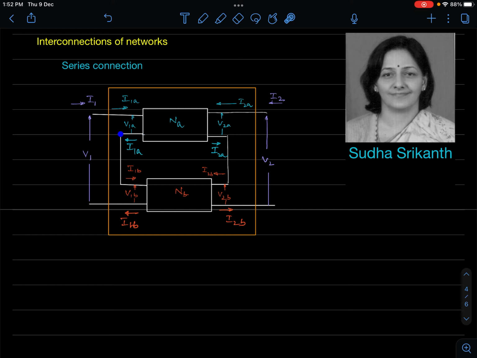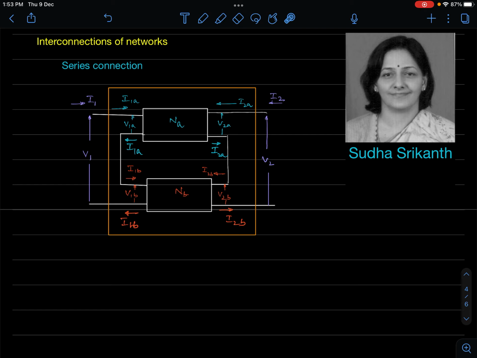So the current that comes out, I1A, that comes out of the terminal is connected to the input terminal of network B, and the current I1B goes out. So I1A gets in, I1A comes out, and that goes into I1B, and I1B comes out. Alright, similarly, we have done the same arrangement in the output port.